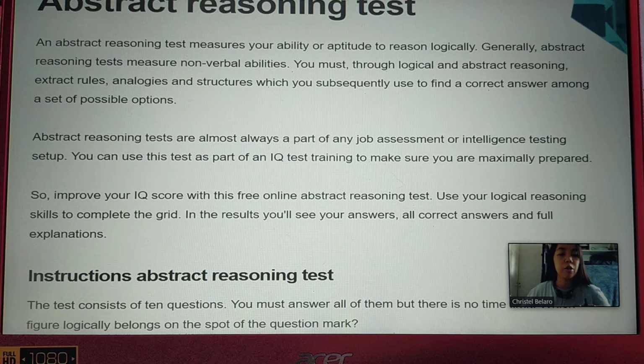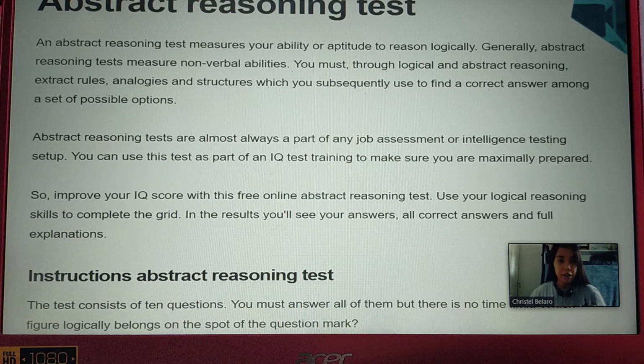To successfully complete abstract reasoning tests, you need to think creatively and use lateral thinking to solve problems. You need to see the relationship between shapes and figures, identify rules and similarities, and quickly apply this to identify the answer.